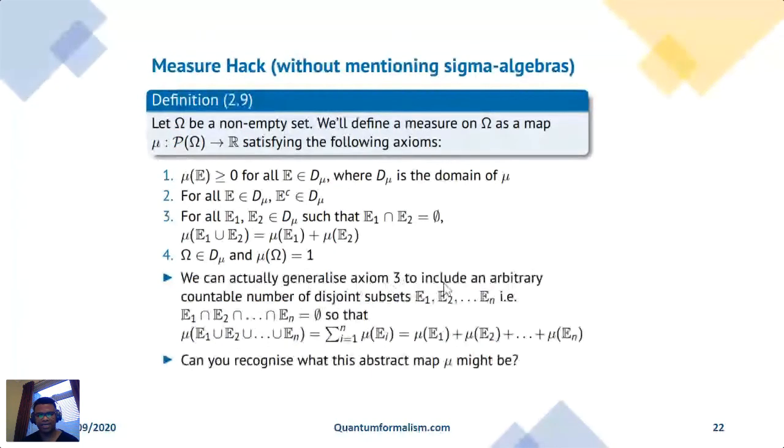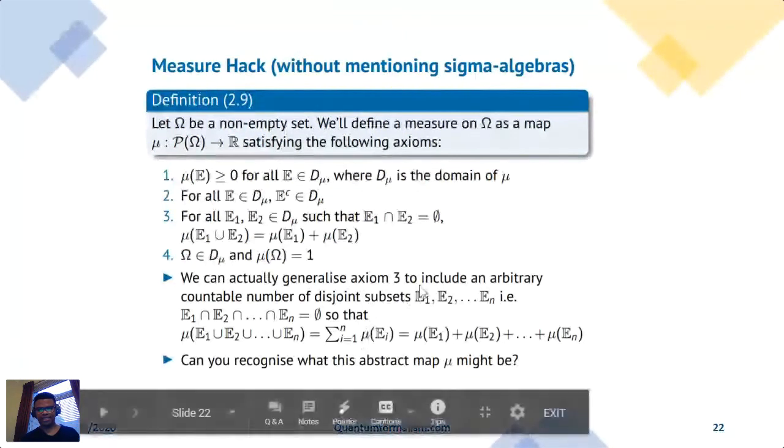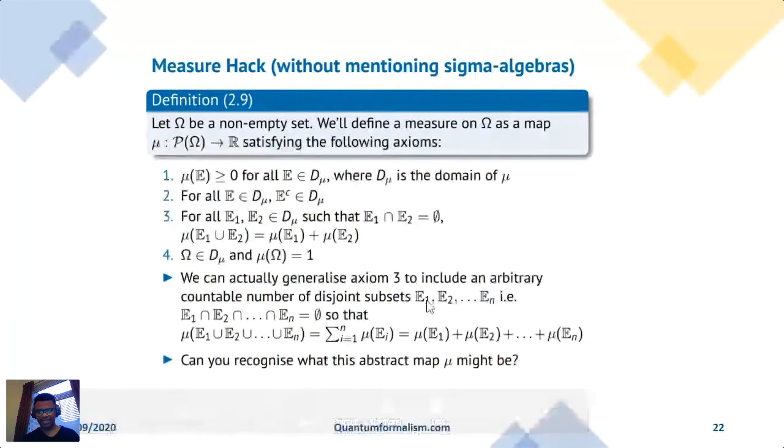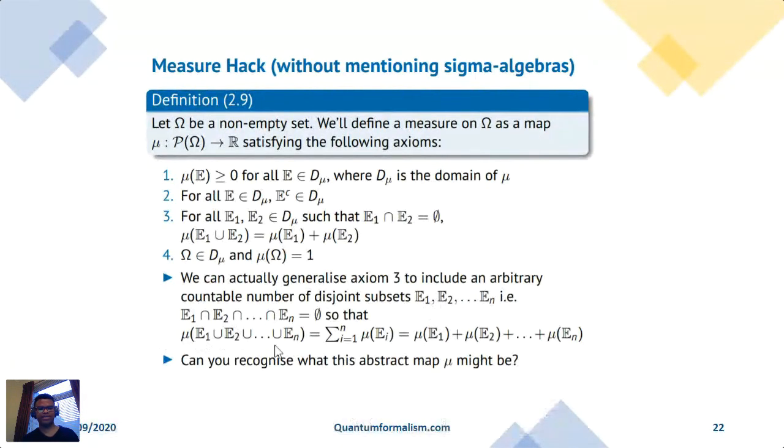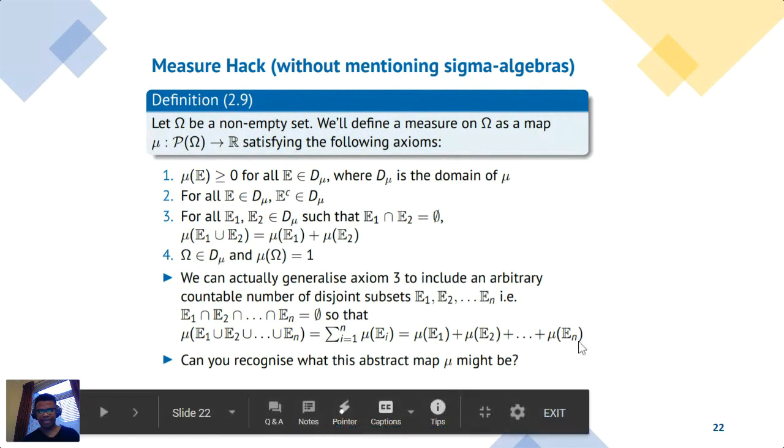I did it this way to not make it too abstract. For countably many disjoint E's, you also have this: mu of E1 union E2 union and so on equals the sum of the individual mu's.